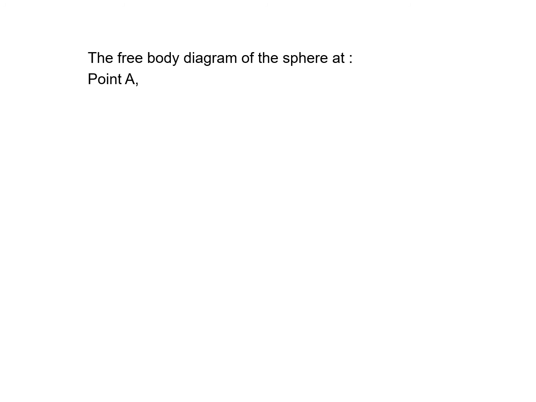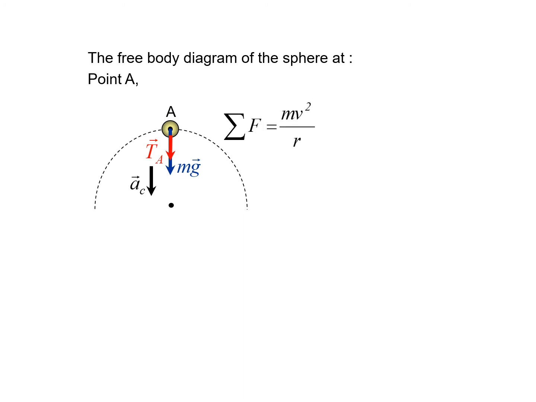By referring to the free body diagram, we solve for point A first. Since the object is at the top, the centripetal acceleration acts downward toward the center of the rotation. Weight acts downward, and tension also acts downward. Since the object is in circular motion, the net force is equal to the centripetal force.